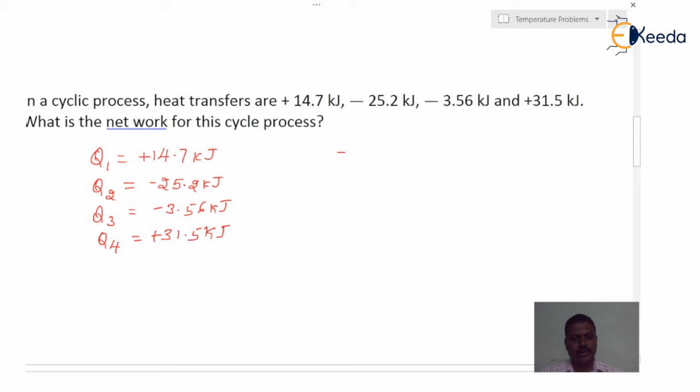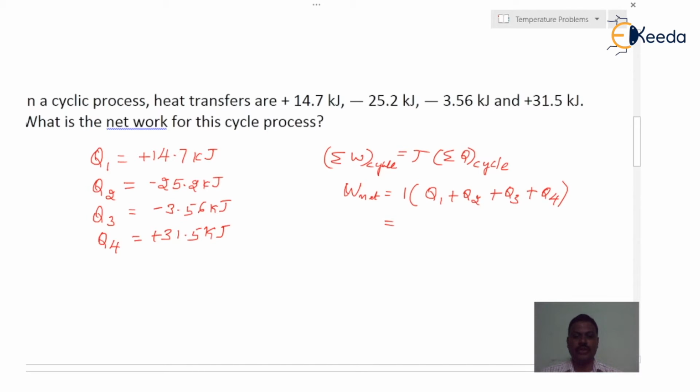So for a cyclic process, sigma W cycle is equal to J into sigma Q cycle. Here we have to find out the net work done. So W net equals, J is always unity, 1 into Q1 plus Q2 plus Q3 plus Q4.